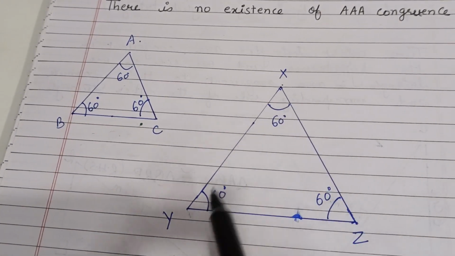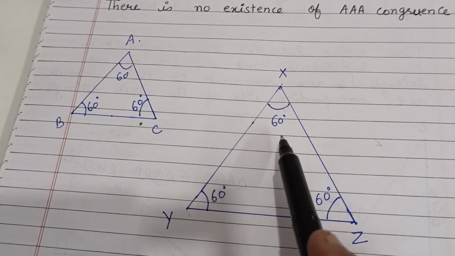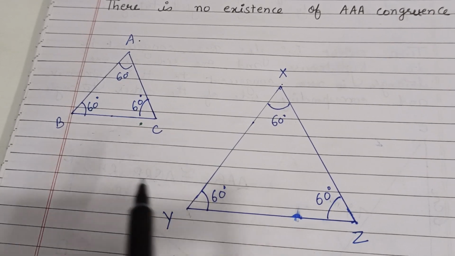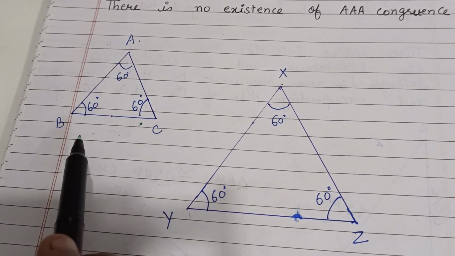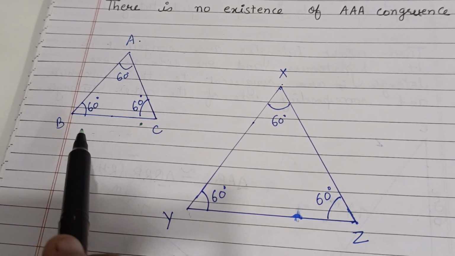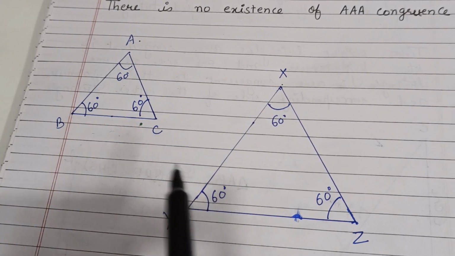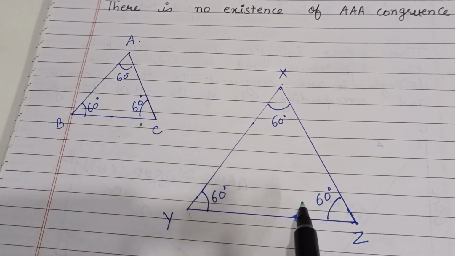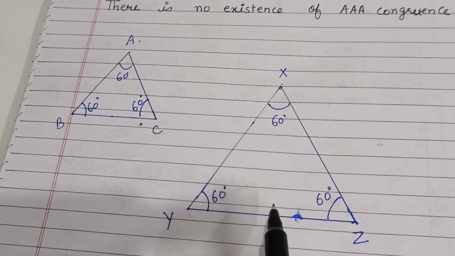Similarly, in triangle XYZ, all the angles are 60 degree, 60 degree, 60 degree. That means in both the triangles, the three angles are equal to each other. That means each angle of triangle ABC is equal to each angle of triangle XYZ.